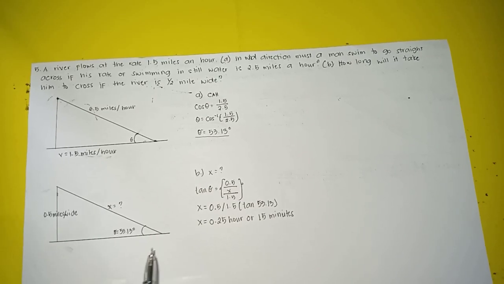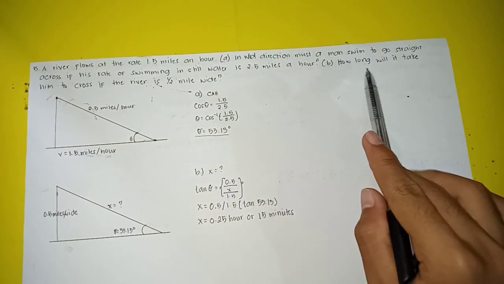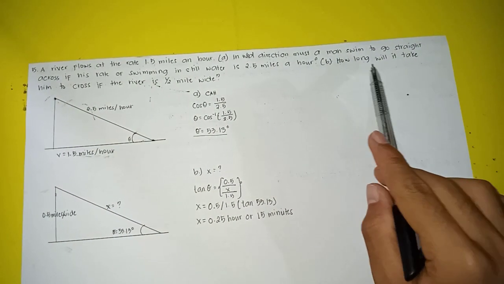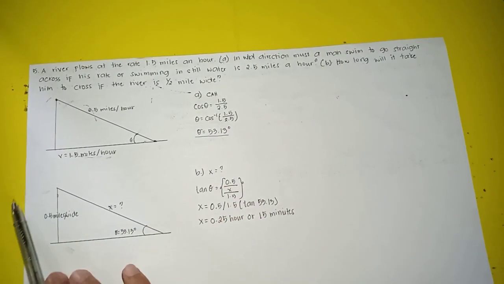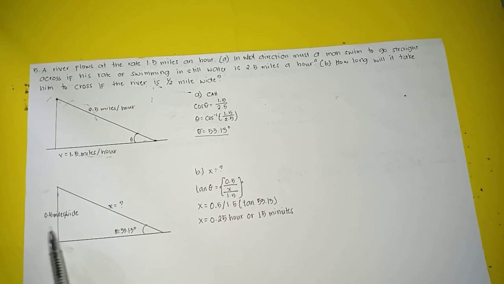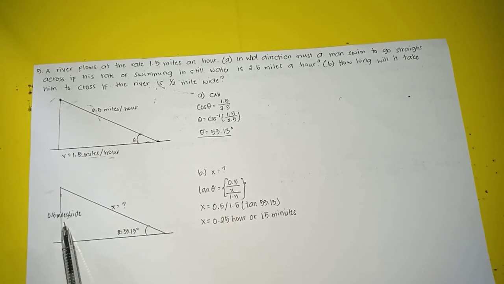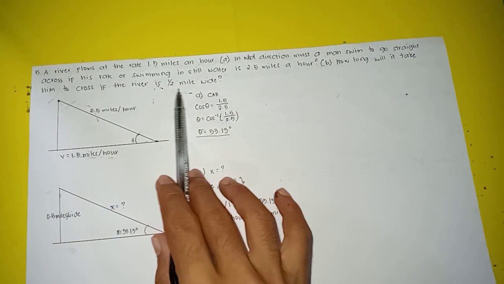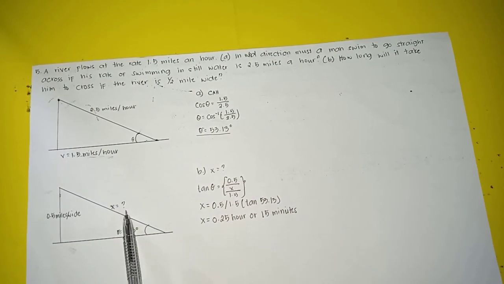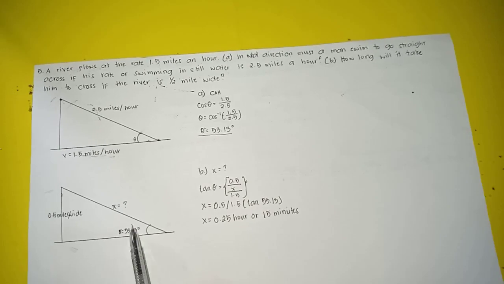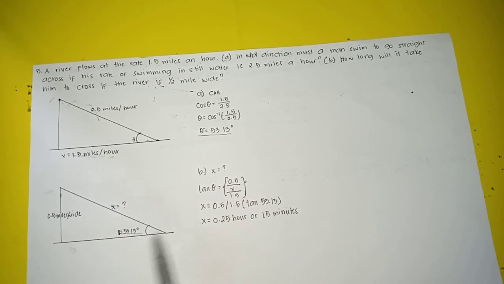And then in question letter B, how long will it take him to cross if the river is half a mile wide? So we'll have here the 0.5 mile or the half mile wide, and then we will find x. We already have here the value of our theta.